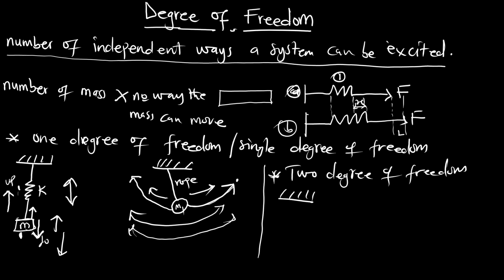So this is a spring and it is attached to the first mass, and this is another spring attached to a second mass. So this is M1 and this is M2. So what can we do here? If we want to excite this system, I either focus on this mass to disturb it down, or I focus on this mass to disturb it up.